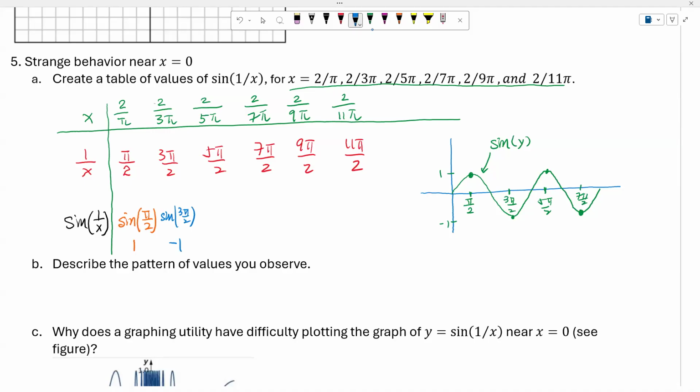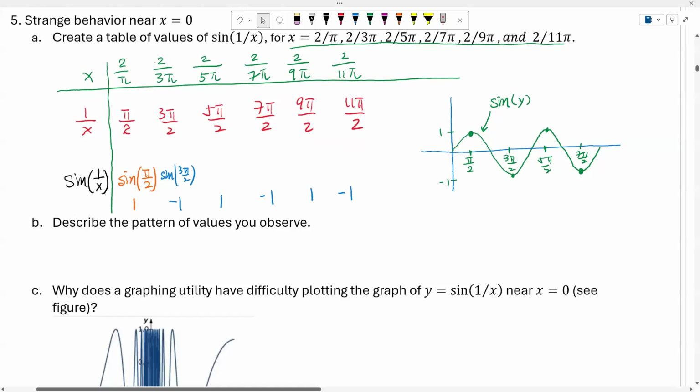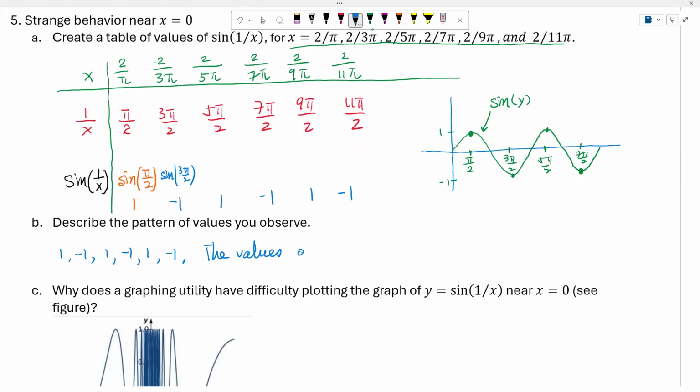And then you will see that the pattern is 1, -1, 1, -1. So the values oscillate between 1 and -1.